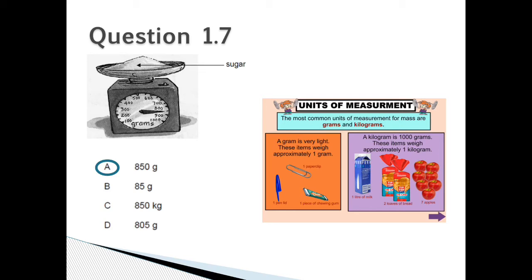These items weigh approximately 1 gram: a paperclip, a pen lid, or a piece of chewing gum. A kilogram is 1,000 grams. These weigh approximately 1 kilogram: 1 liter of milk, 2 loaves of bread, or 7 apples. The correct answer is A, 850 grams for the amount of sugar on the scale.